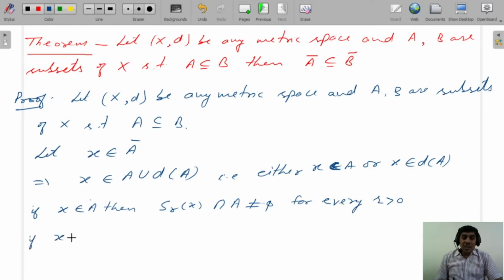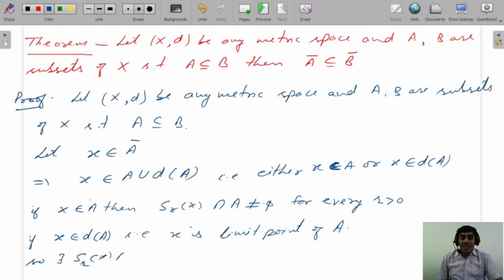If x belongs to D of A, that is, x is a limit point of A, then the sphere centered at x with radius r intersect A minus {x} does not equal phi.